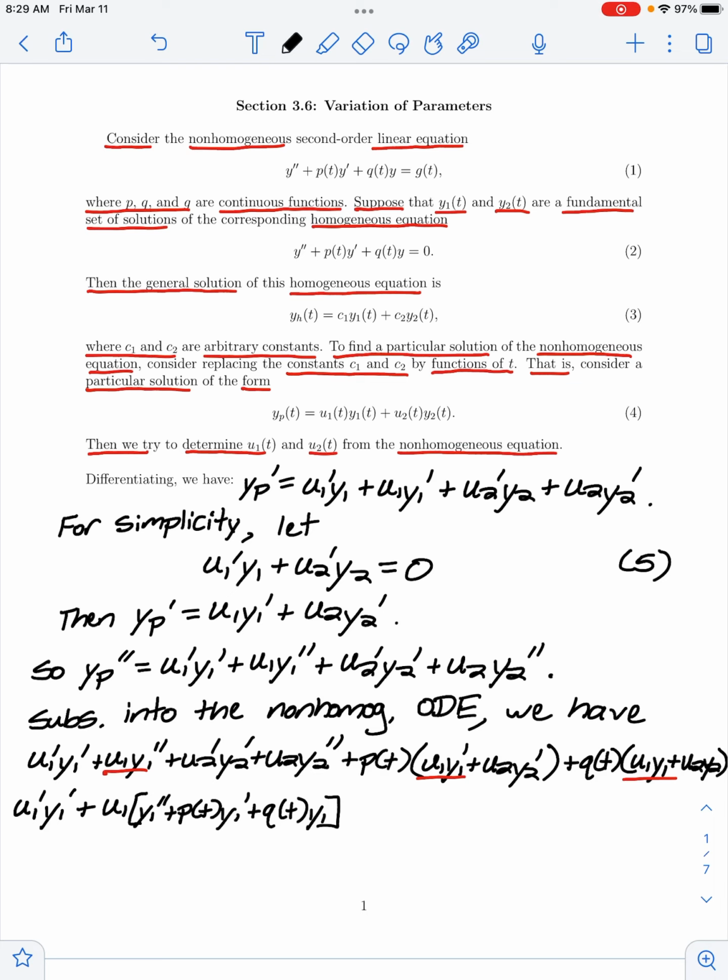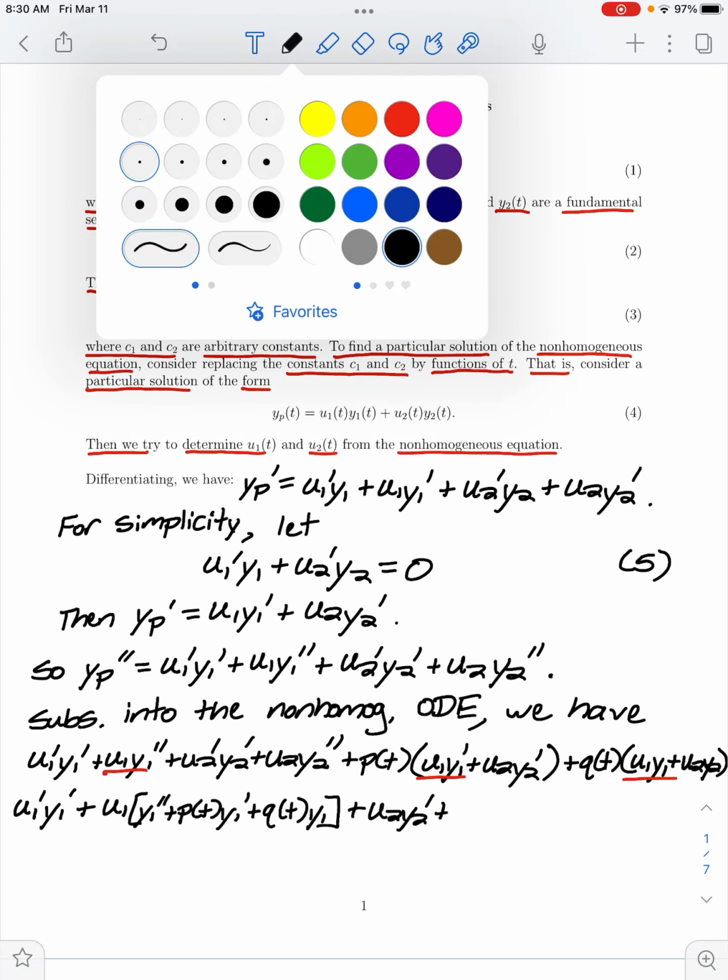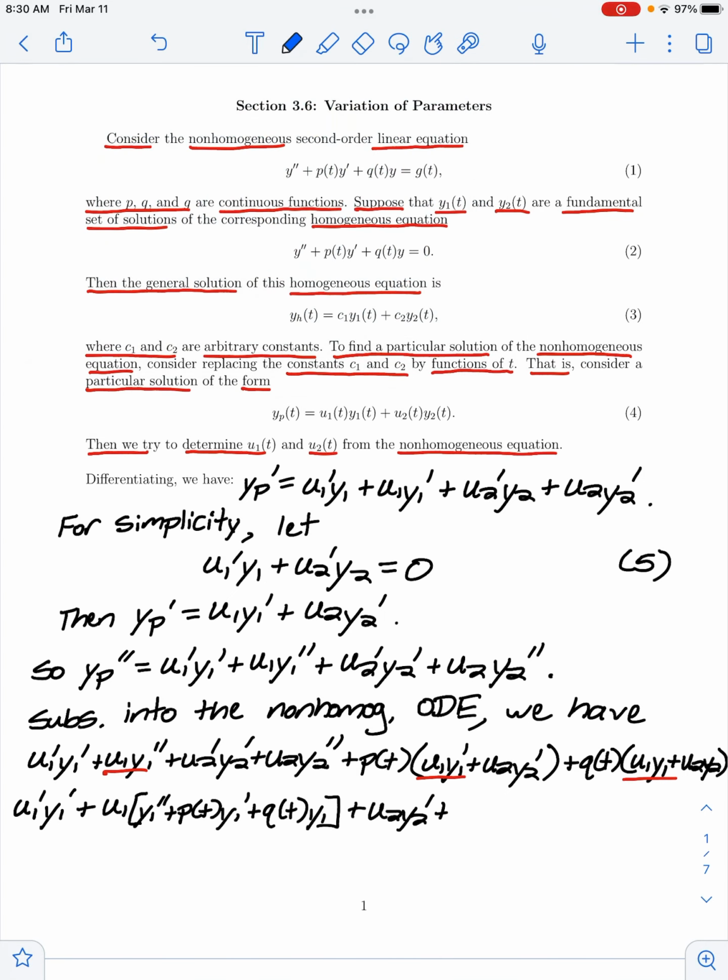And then grouping my u2 terms together, well, the only term involving the derivative of u2 is u2 prime y2 prime. And then if I group together all of the u2 terms, and I factor out a u2, I am left with y2 double prime plus p of t times y2 prime plus q of t times y2.